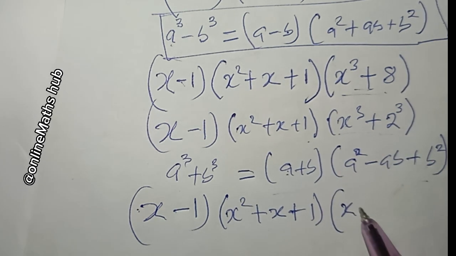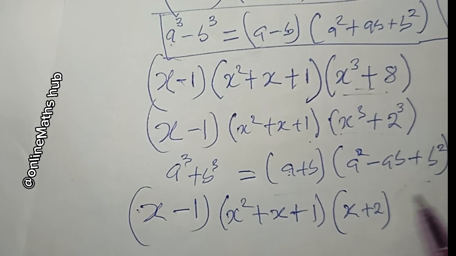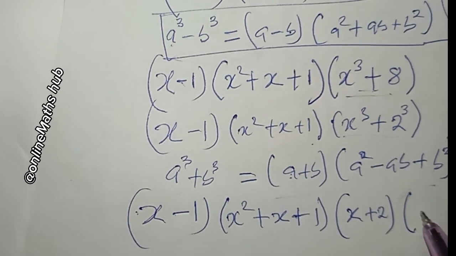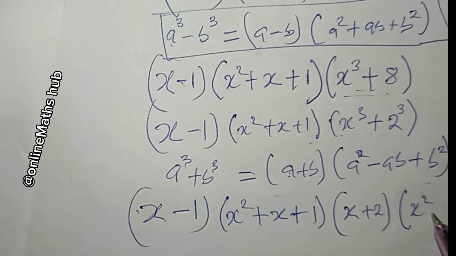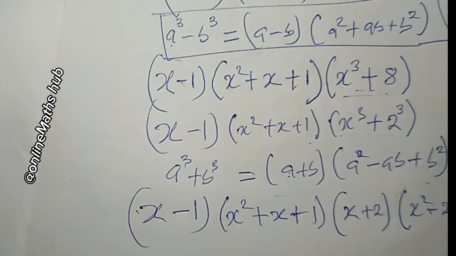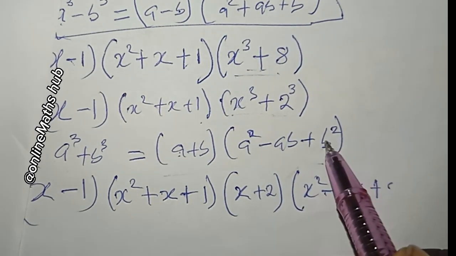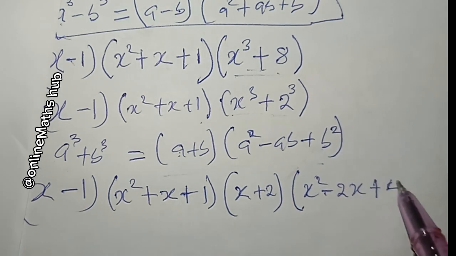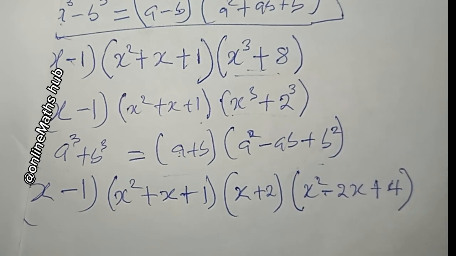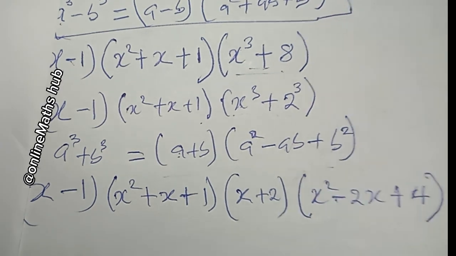So I have x plus 2, and then x squared minus 2x, and plus 2 squared, which is equal to 4. So this is what I will have.